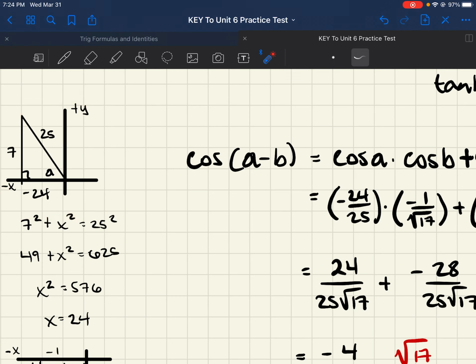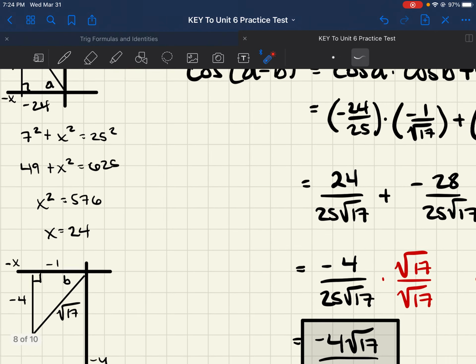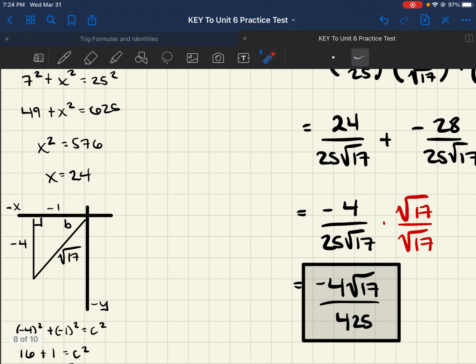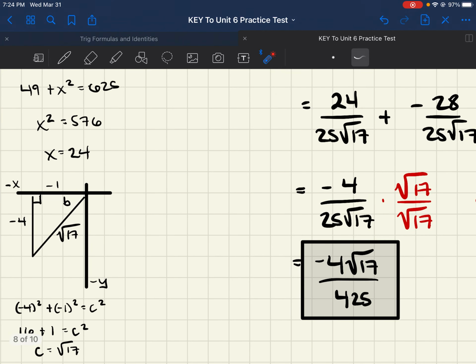Because the sine is 7/25, and sine is opposite over hypotenuse, if we do Pythagorean theorem, we get that the missing leg is 24. Notice that I'm making it a negative 24 because we're on the negative side of the x-axis in quadrant 2. For the other triangle, we were told that the tangent of B is 4.